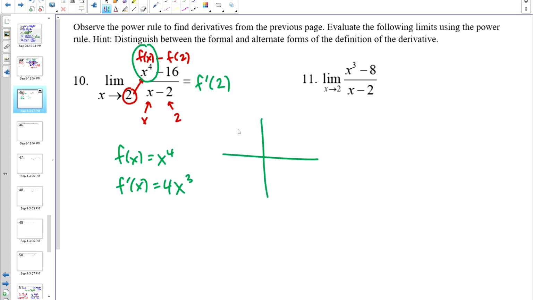If I graph x to the 4th, whatever that looks like, and I wanted the derivative here, and this number were, say, negative 2, I would plug into this formula, 4x cubed, and I could find the slope of the tangent line right here at x equals negative 2. You can see that the slope would change depending on what x is, and that's why the derivative is a function of x.